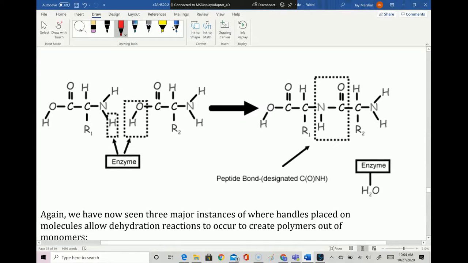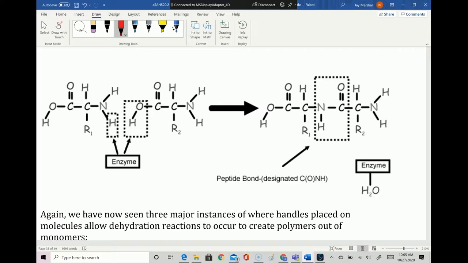And this requires a different enzyme for each amino acid. So if I want to hook this amino acid to this amino acid, I'm going to take one of the hydrogens here and the OH away from the acid, and I'm going to use an enzyme, and that enzyme is going to cut those out.